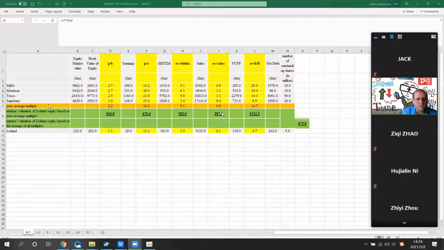Because the EV to sales multiple gives an intrinsic valuation of 207, which is actually much smaller than the current valuation. So based on this multiple, our company appears overvalued or expensive.